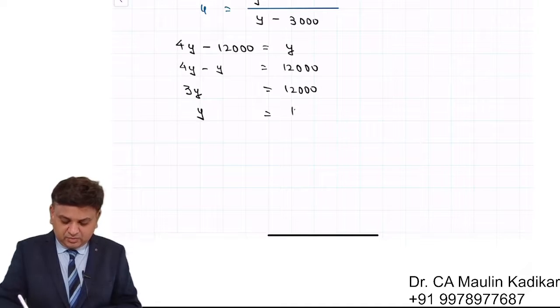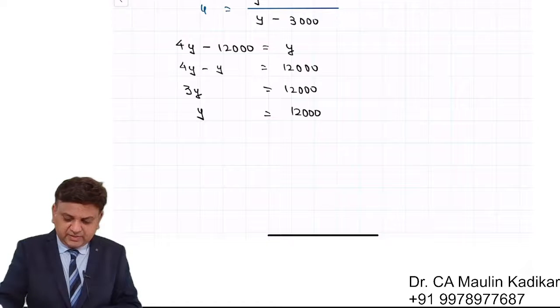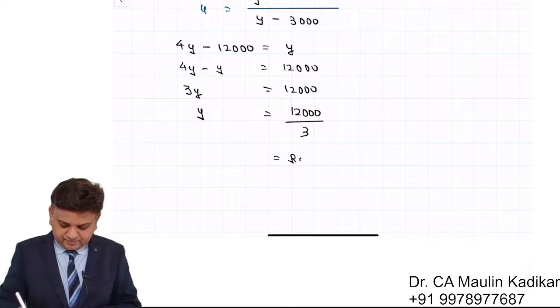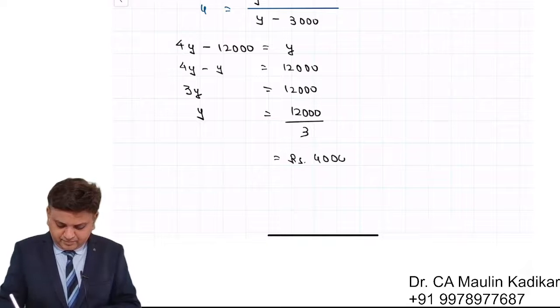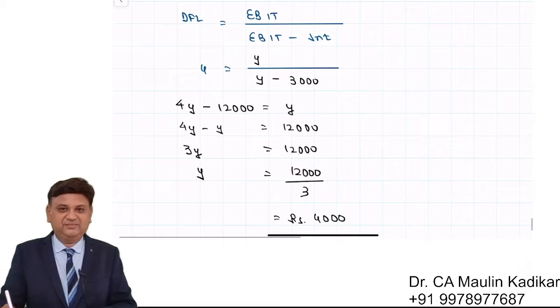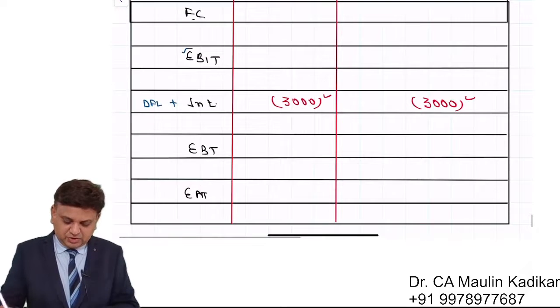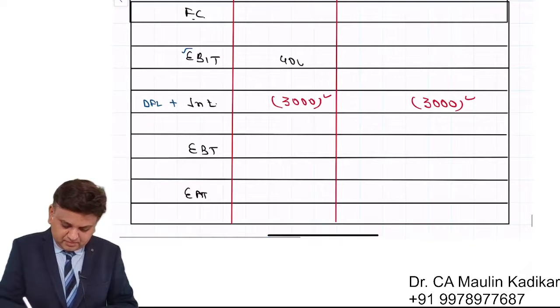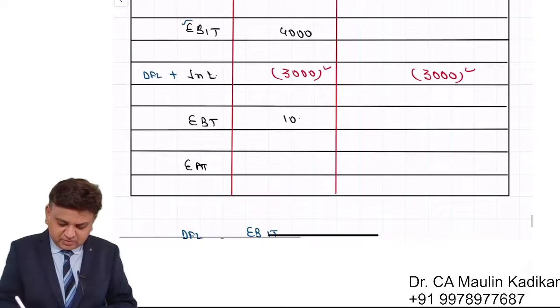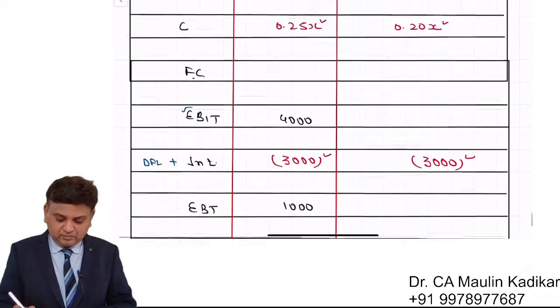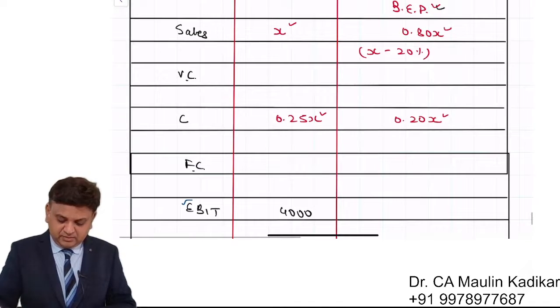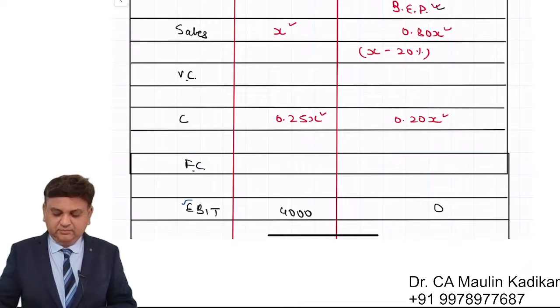Y is equal to 12,000 divided by 3, that comes to 4,000. So this is 4,000. This is 1,000. At break-even point, profit will be 0.